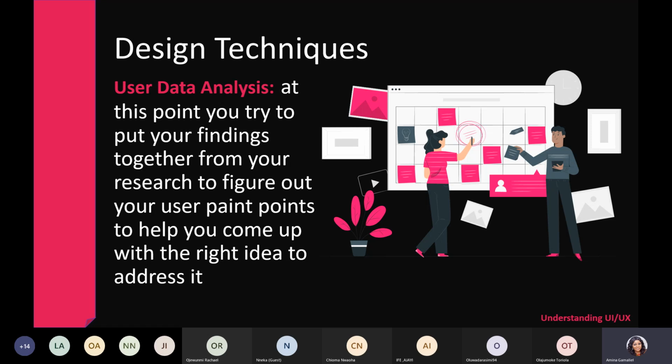What are their age brackets too? By the time we group them in segments like that, we are likely to create a user-specific product that addresses a specific problem. That's the importance of that.